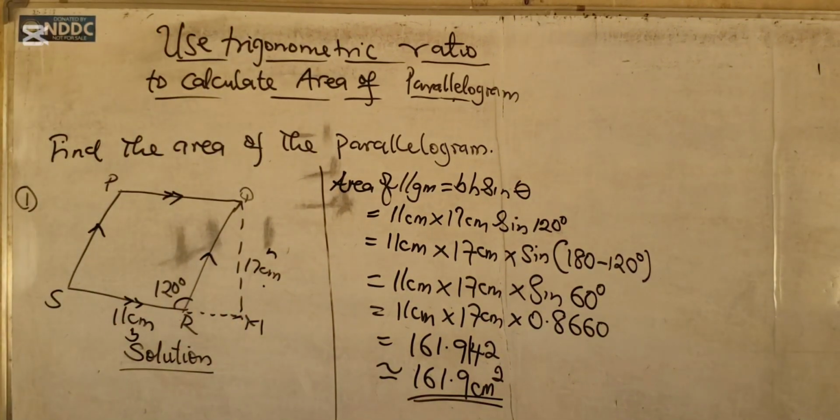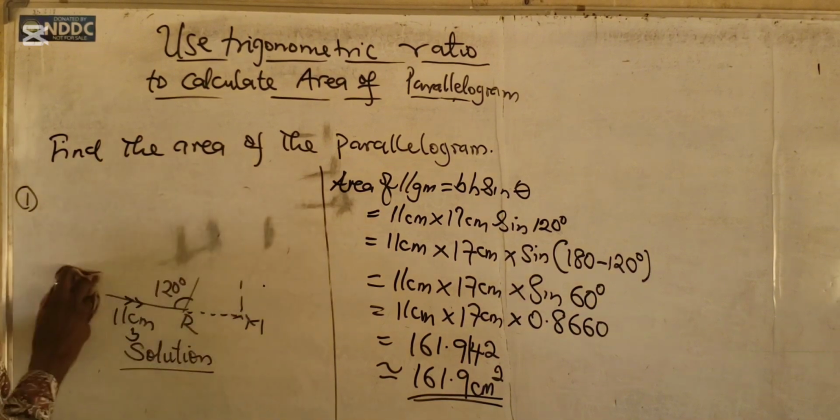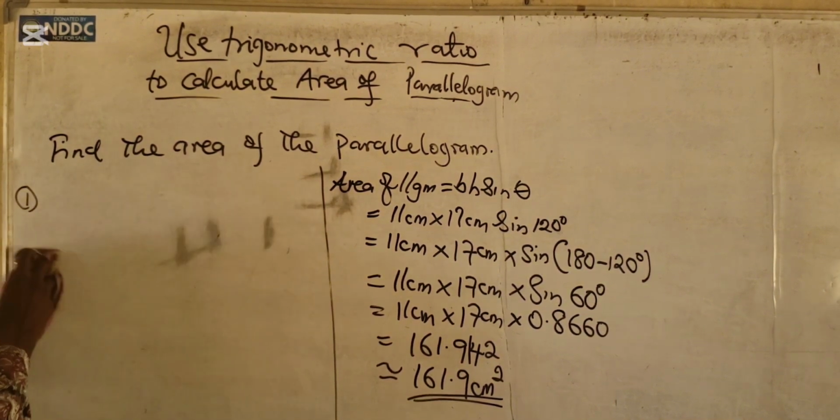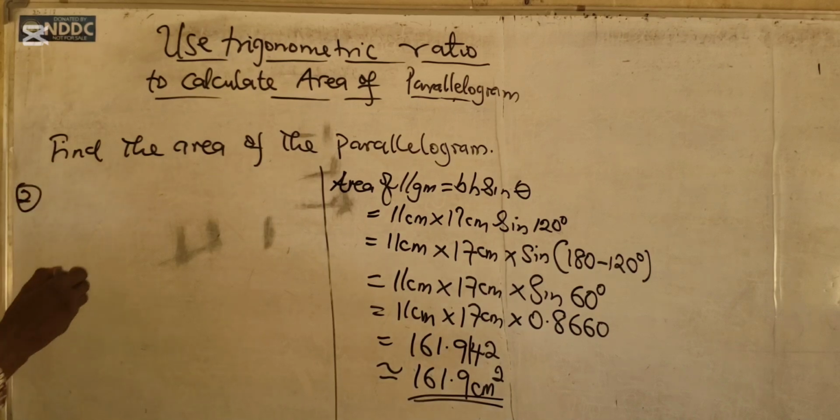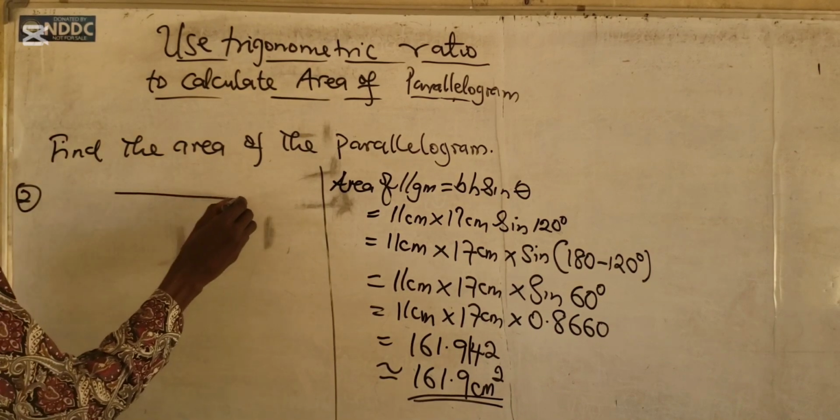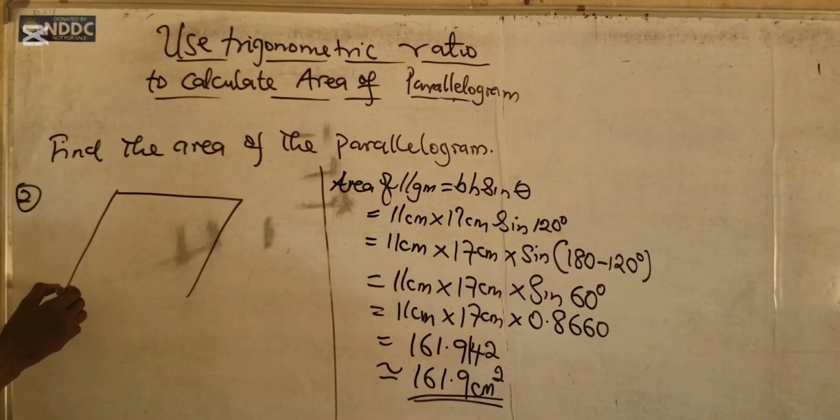I want to do another example based on that topic. Look at the other example here. Example number 2. We have to calculate the area of this shape below. It's a parallelogram, take note. I'm still working with a parallelogram.